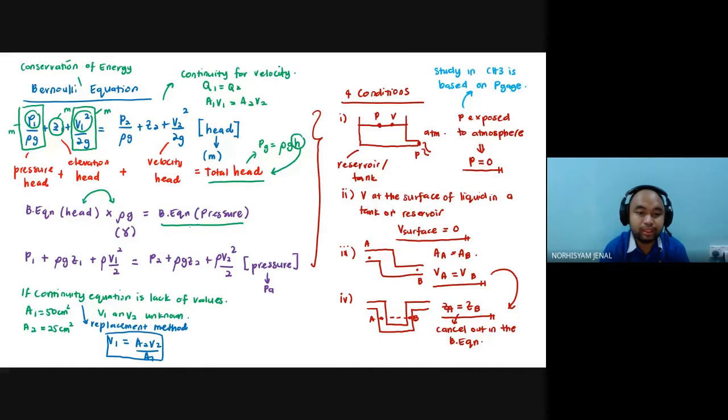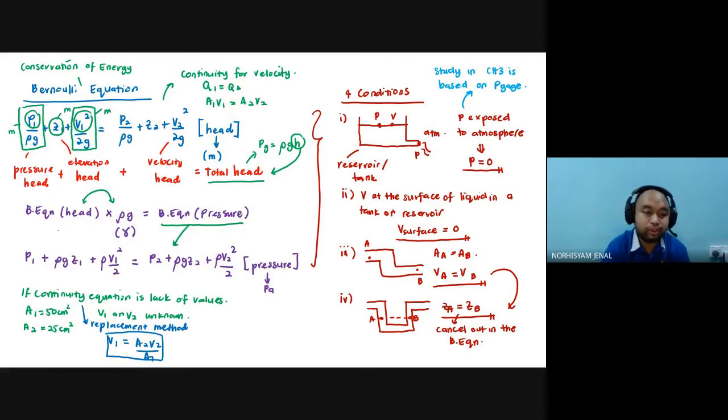So where is it? Here, this is the equation. P1, because rho g divided by rho g will be 1. So P1 plus rho g Z1 plus rho V1 square over 2 equals P2 plus rho g Z2 plus rho V2 square over 2. So both of them should have the same equation.